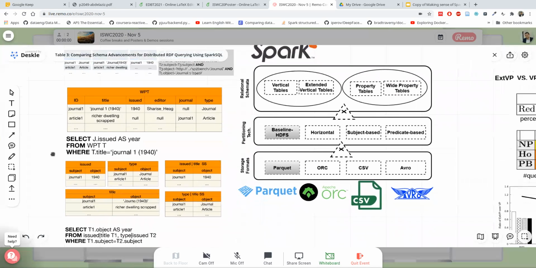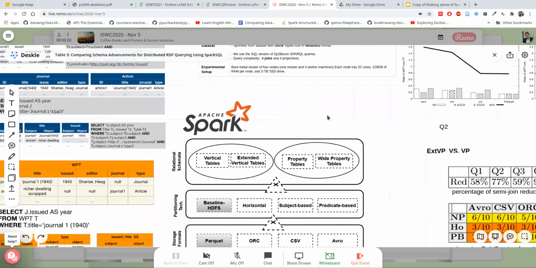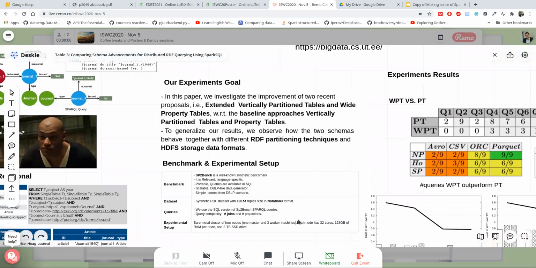Second, the extended vertically partitioned tables, ExtVP, extend the VT schema with pre-computed semi-join tables to reduce the input table sizes and data shuffling. In particular, in this paper, we investigate these improvements. We performed an extensive comparative evaluation of ExtVP and WPT versus VT and PT respectively using Spark SQL.